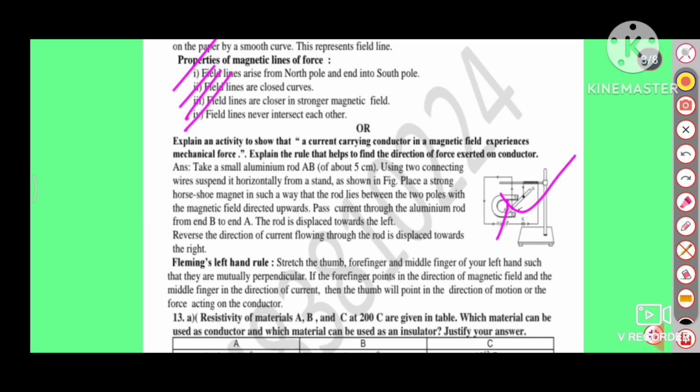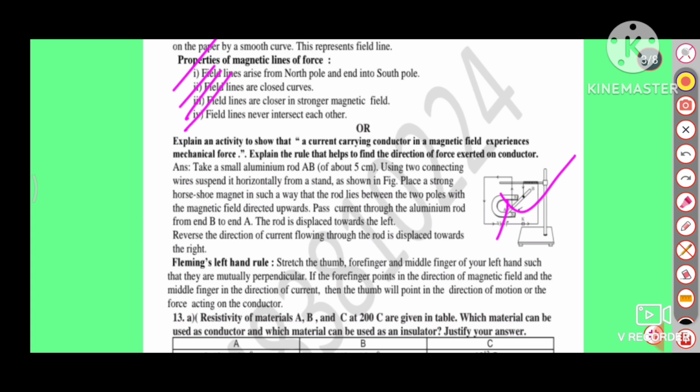Take a small aluminum rod AB of about 5 cm, using two connecting wires, suspended horizontally from a stand as shown in the figure. Place a strong horseshoe magnet in such a way that the rod lies between the two poles with the magnetic field directed upwards.